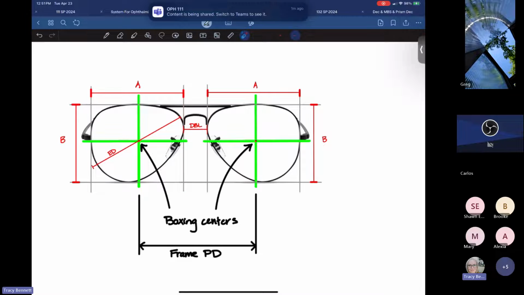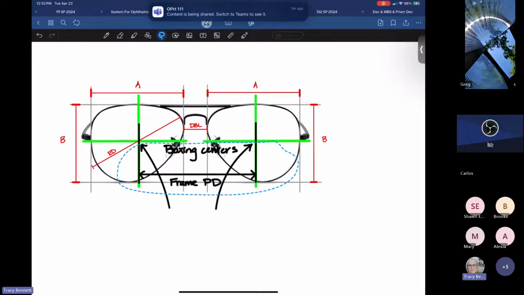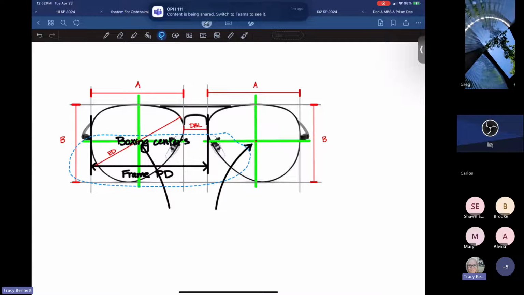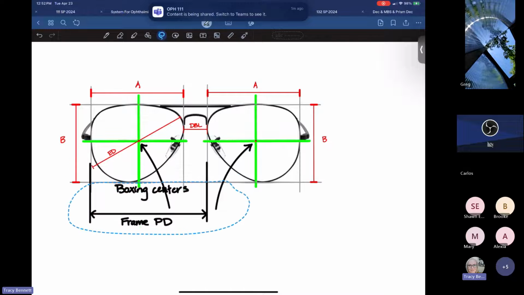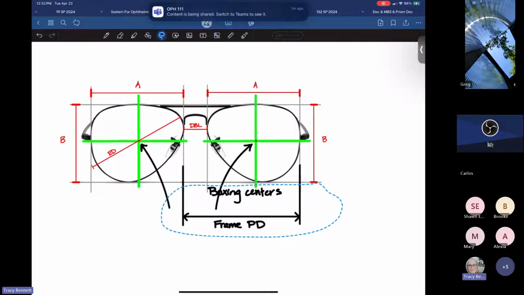But what that measurement actually is, here's this line goes right here. It's the same as when you're measuring one of the A's. So one A plus the DBL, or from the other side, the A plus the DBL over here.